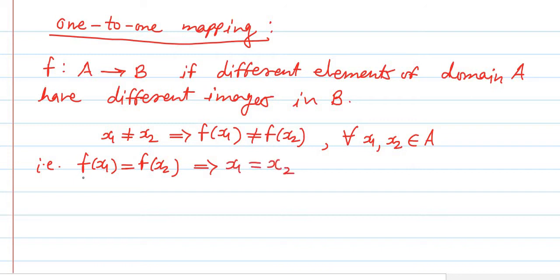If images are the same, then the elements are the same. Then we say that the mapping is one-to-one.